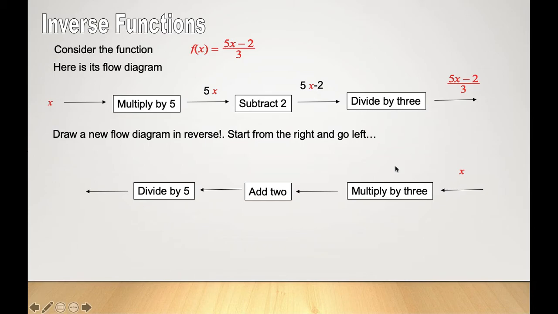As I told you, start with x on the right and go left. So now divide by 3 will be replaced by its inverse, multiply by 3. When x is multiplied by 3, you will get 3x.